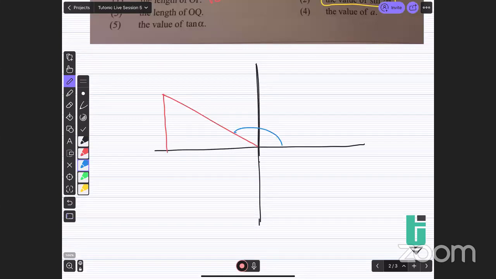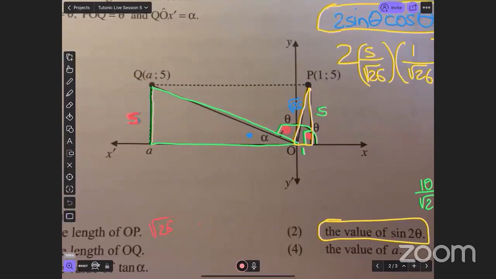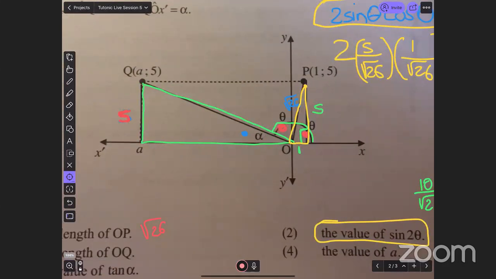This is the angle that you're looking at, not this angle, because remember, you measure angles from the positive x-axis, right? So when you're looking at the green triangle in this question, the angle is from here to here, which is theta plus theta, which is 2 theta.